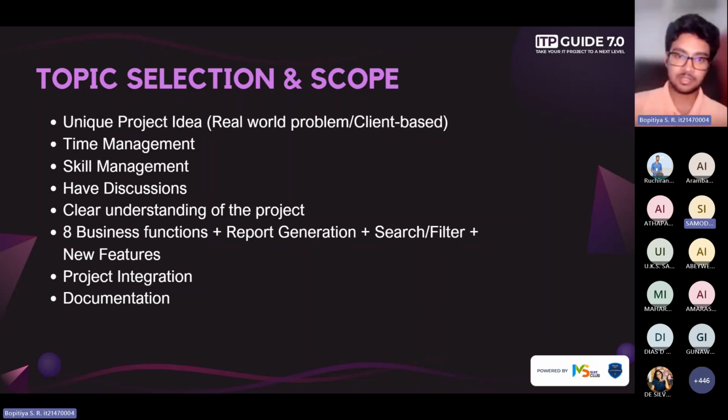You get marks for project integration. So I'll come back to that later. And that's very important. And documentation as well. We have a separate session for it coming up soon. So yeah, these are the things that you need to keep in mind when deciding on the scope and selection of the topic.